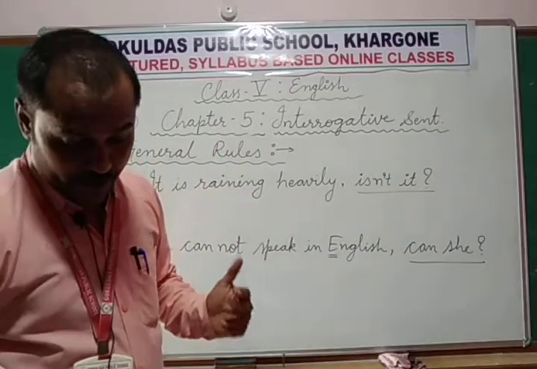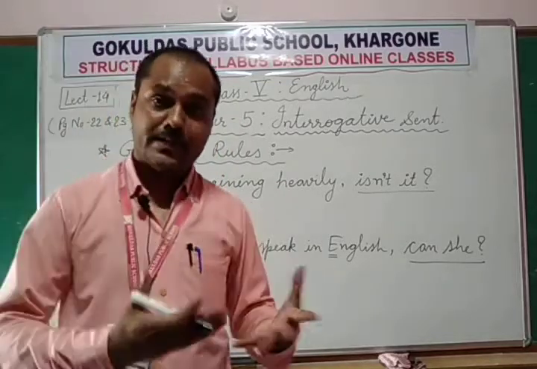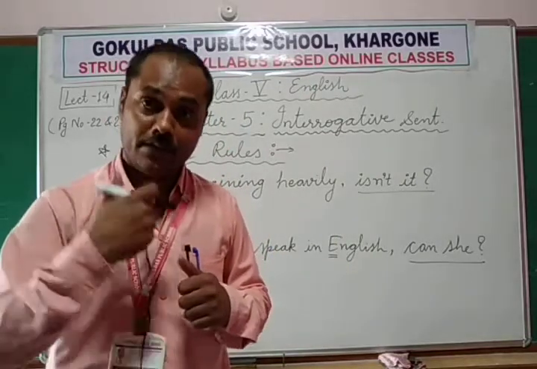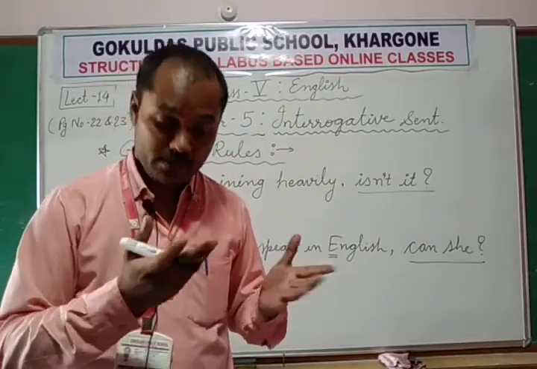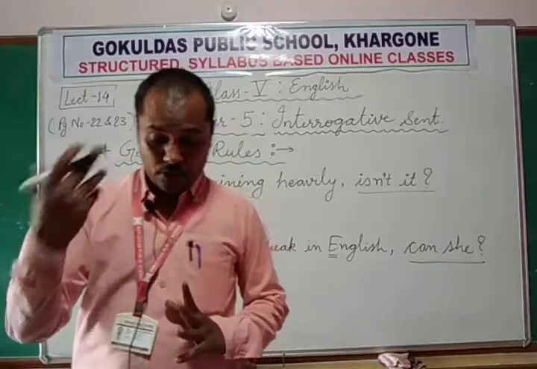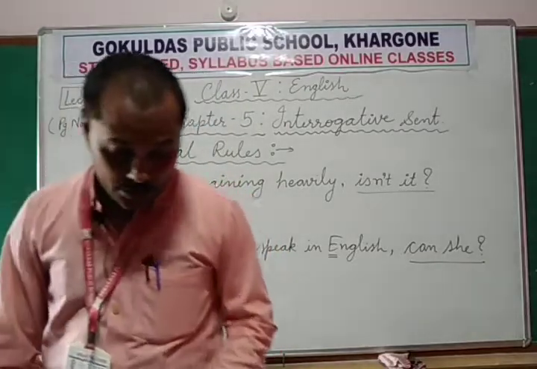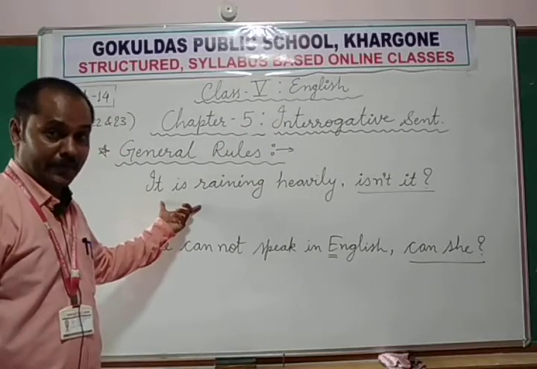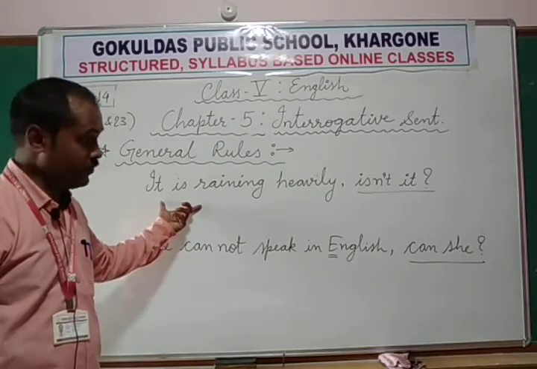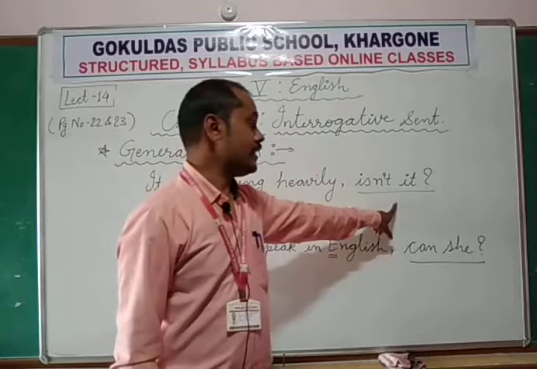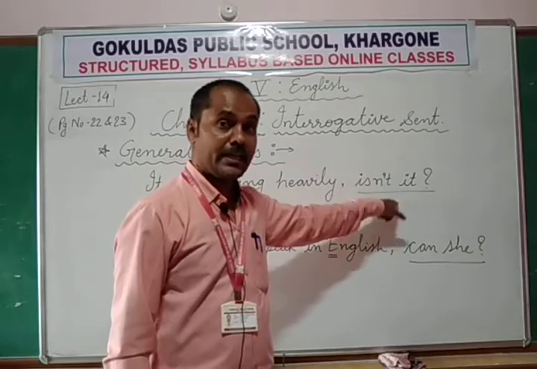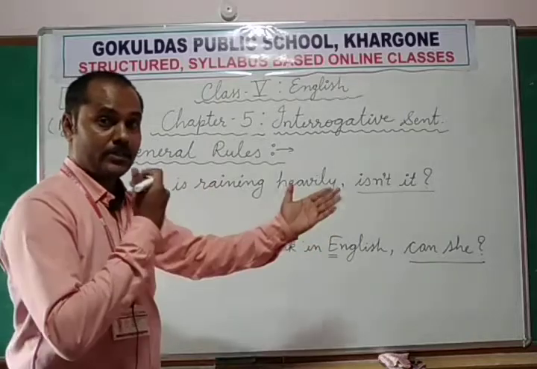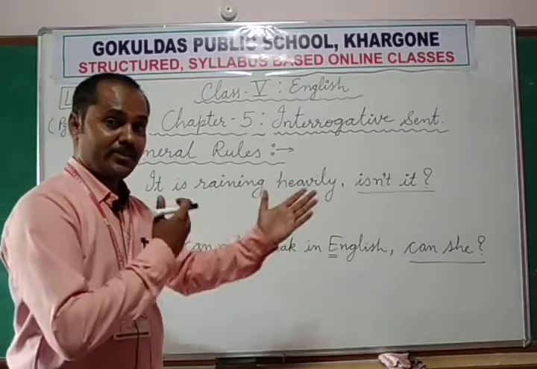Now she cannot speak in English. That is my statement. But can she? I am asking for your confirmation. Do you agree with me? Can she? Now, what is the rule? The rule is that if your first sentence is affirmative or positive, then the question tag must be negative. And vice versa. Vice versa means opposite to it.